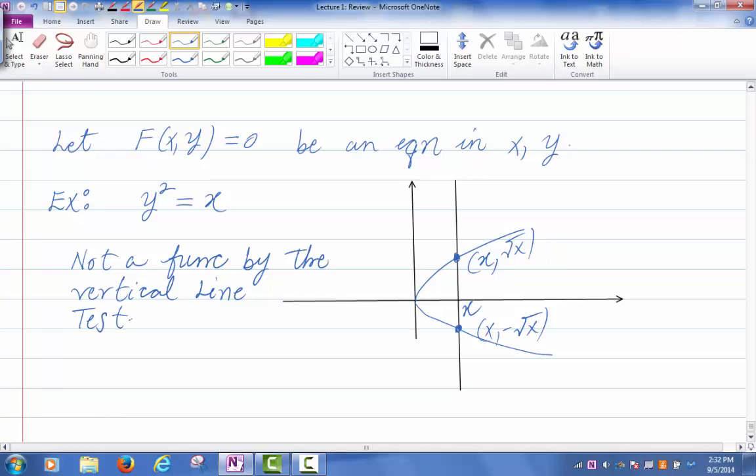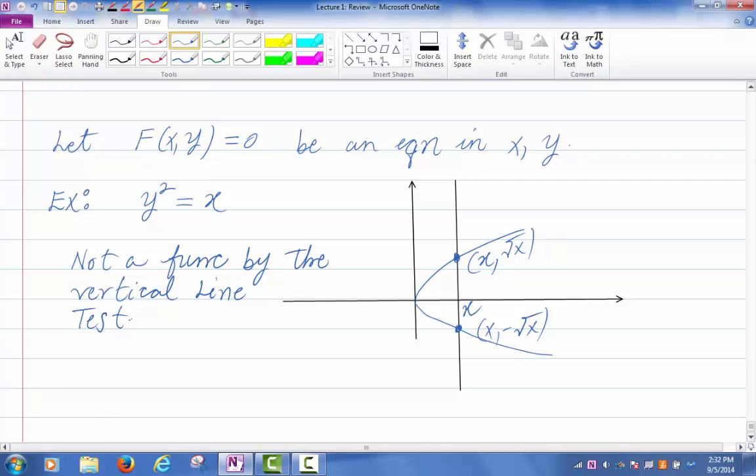More precisely, what I should be saying is that this graph does not represent y as a function of x. You cannot think of y as a function of x. However, notice that if I view this graph from the other side, I can think of x as a function of y.